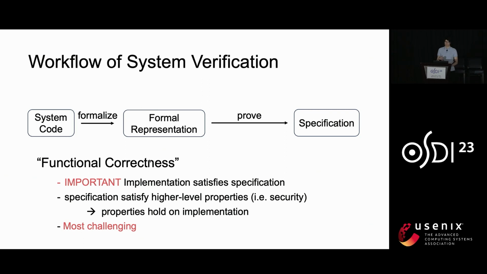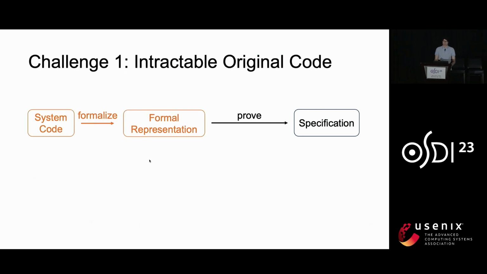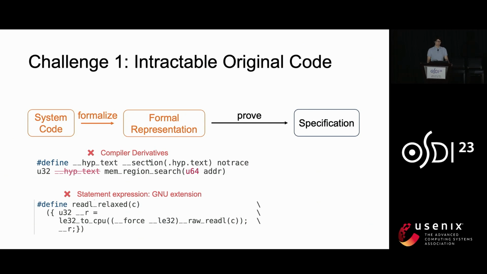But functional correctness proof is also the most challenging part in system verification, and even the first step is already very challenging. That's because system software is usually implemented with many non-standard language features, such as compiler directives and statement expressions.